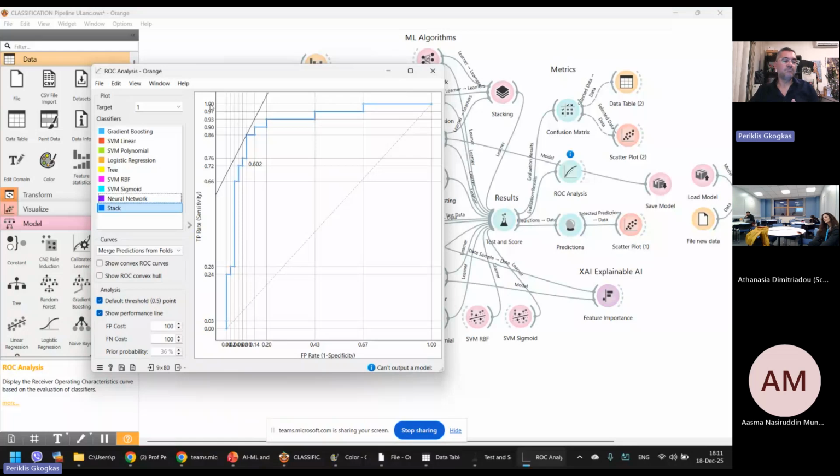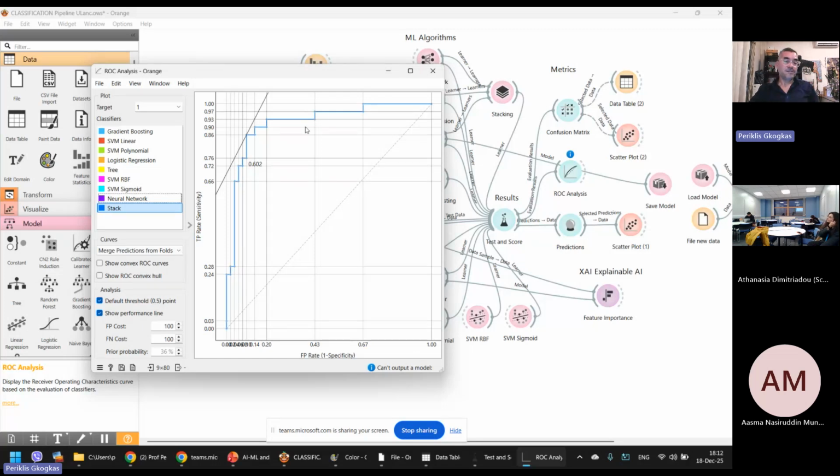So you correctly classified everybody that is a bad customer, but you also misclassified all the good customers as bad customers. So basically, you do not accept any application for a credit card because you classify everyone as a bad customer.